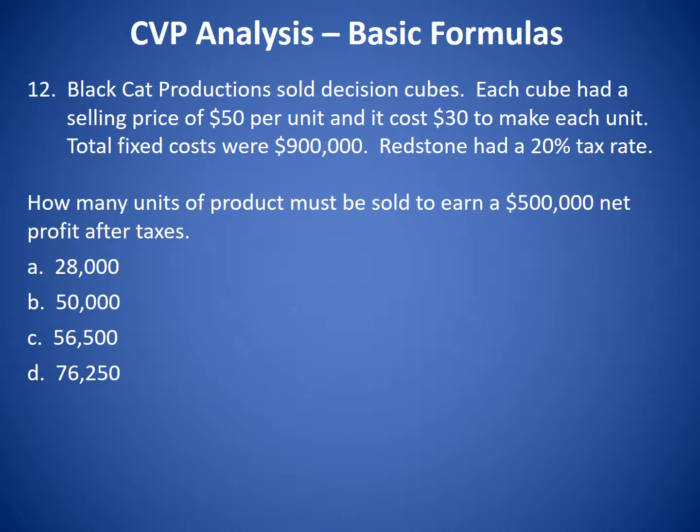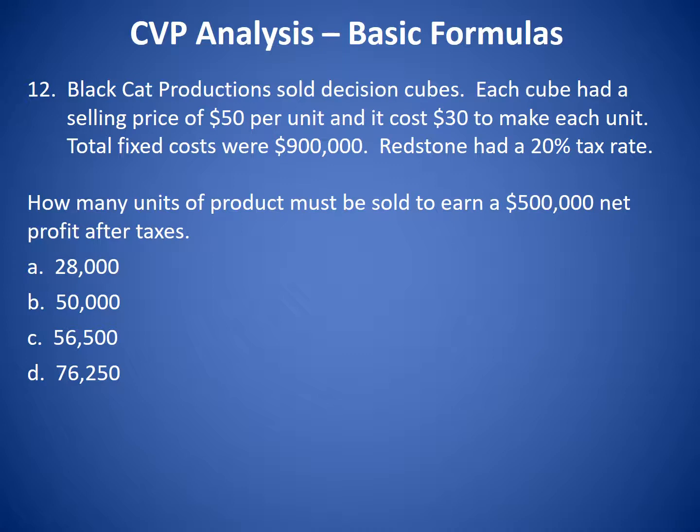Okay, now let's try another. Black Cat Productions sold decision cubes. Each cube had a selling price of $50 a unit and cost $30 to make each unit. The total fixed costs were $900,000. And for some reason, I left out Black Cat.